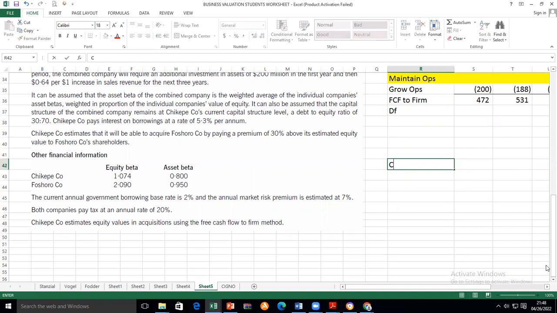We've got our 2 companies, C and F, and the asset betas, this one 0.8, and this one 0.8.